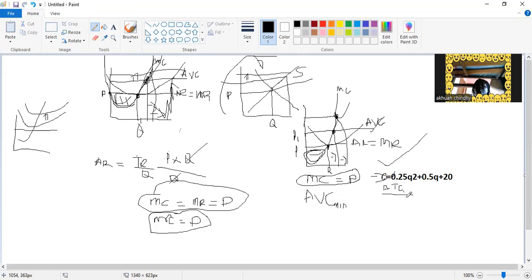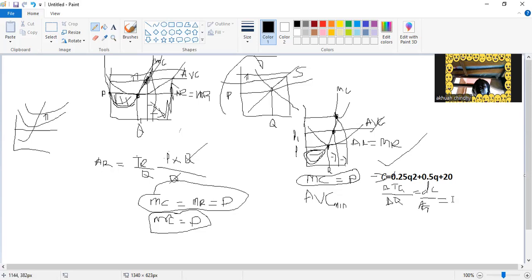But here we don't have individual figures for the total cost of employing the first unit of labor, or the total cost of employing the second unit of labor. So what we can do is differentiate the cost function that we have. We differentiate the cost function with respect to quantity.